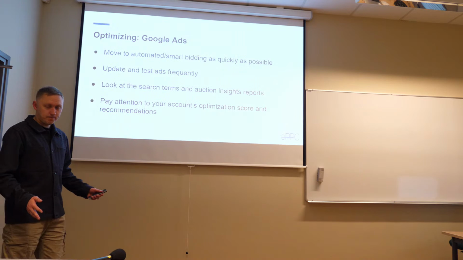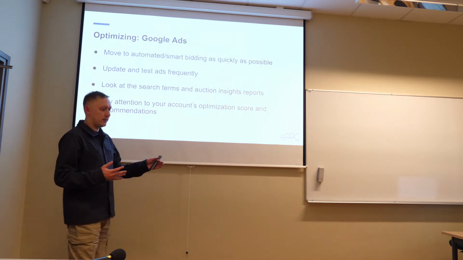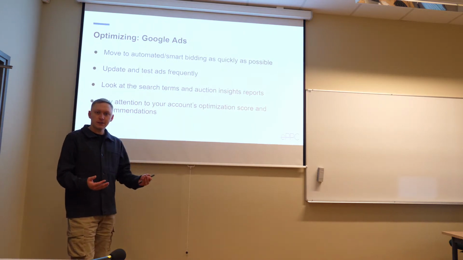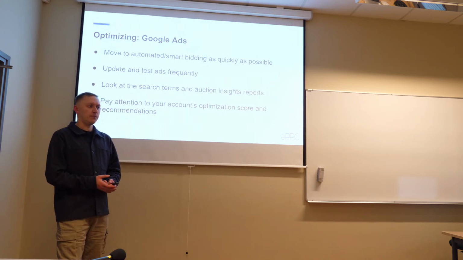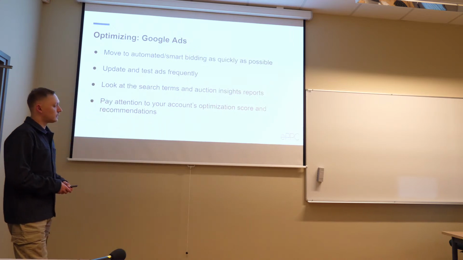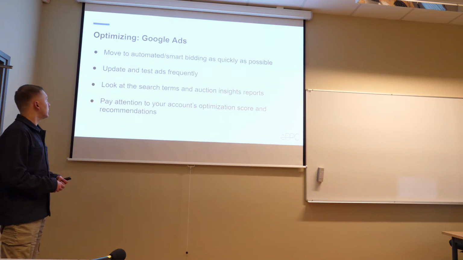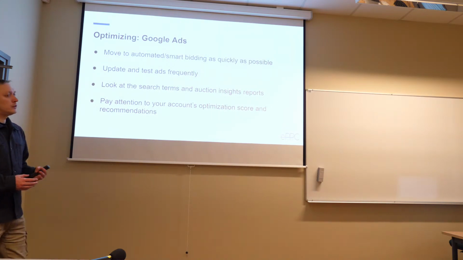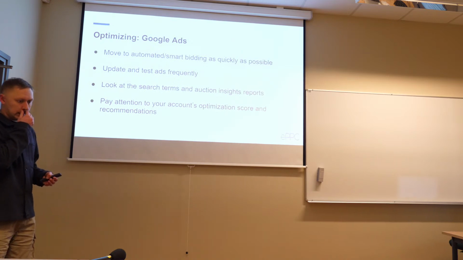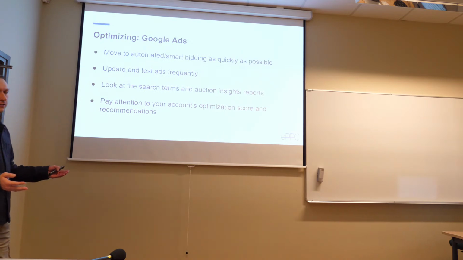Okay, I'll move on. Now, we've covered the targeting or setup part of Google Ads, and now let's say you have your campaigns running, and what you need to do is make them run as best as you can.